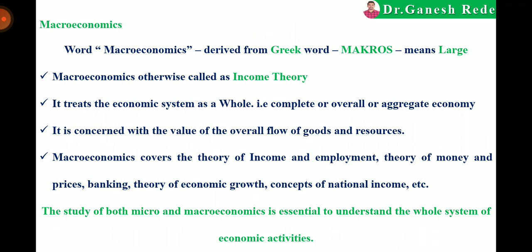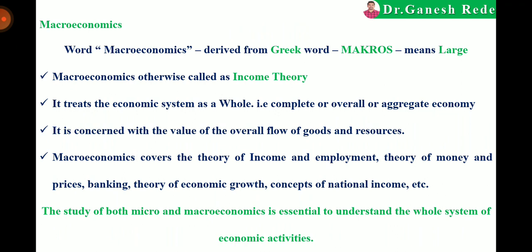So in this course we have to learn about macroeconomics also. We have to learn the concepts of national income, that is GDP, GNP, NNP, NI, PI and DI, meaning gross domestic product, gross national product, net national product, then national income, personal income and disposable income. So these are the concepts of national income that come under macroeconomics.